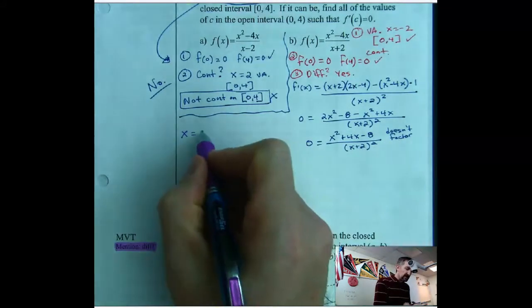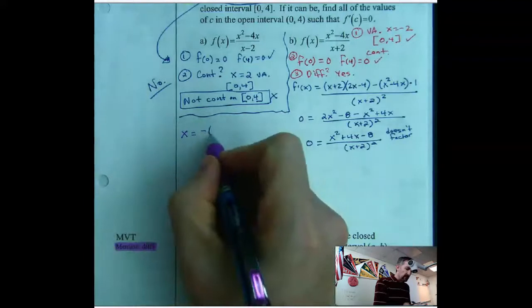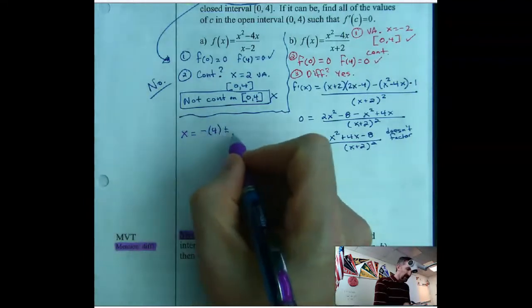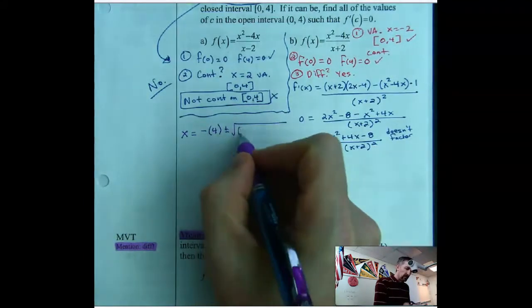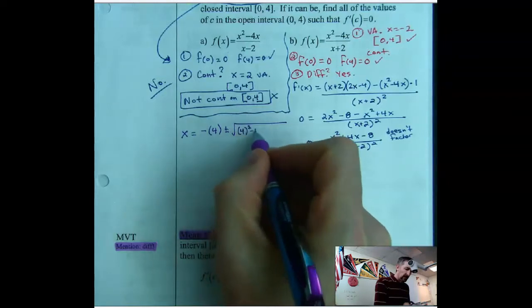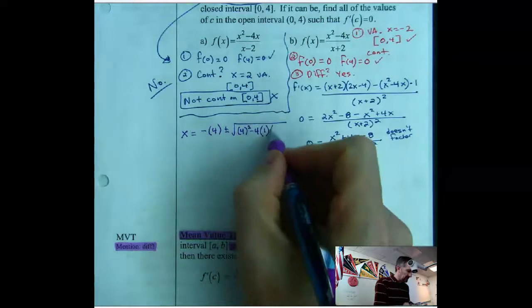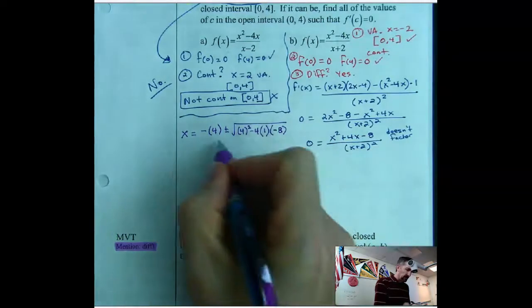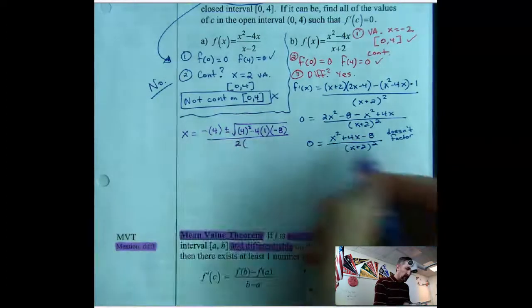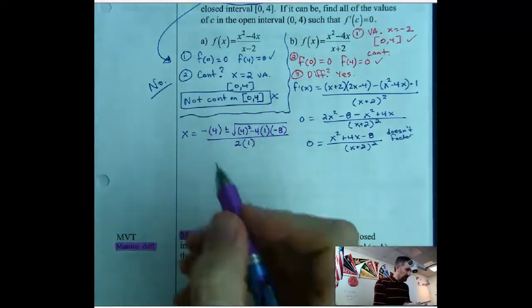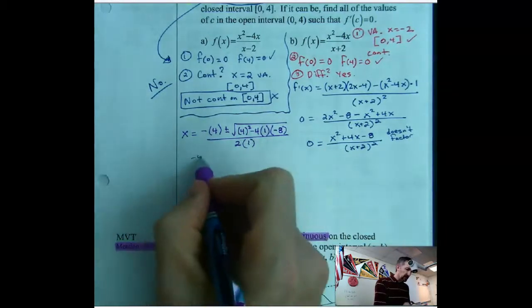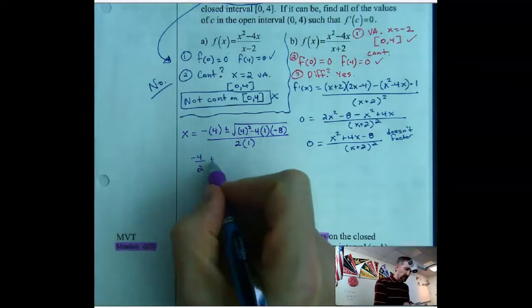Alright, so that's x equals the opposite of b plus or minus the square root of b squared minus 4ac, all over 2a. So that's going to be negative 4 over 2 over here.